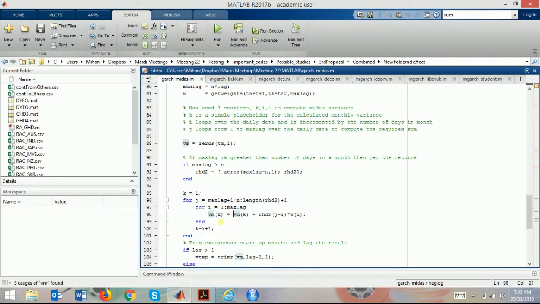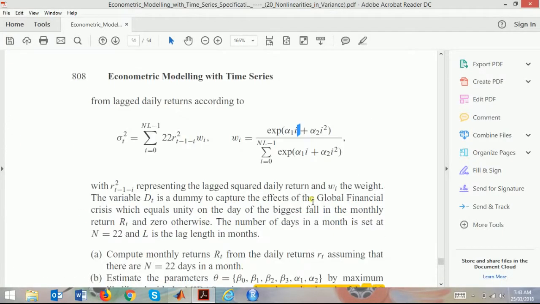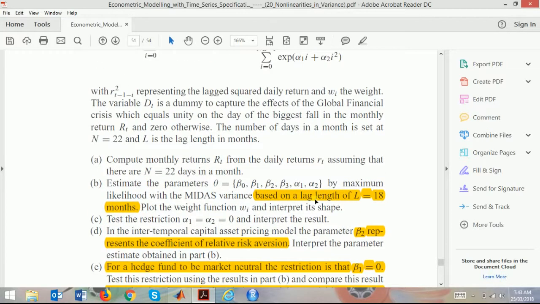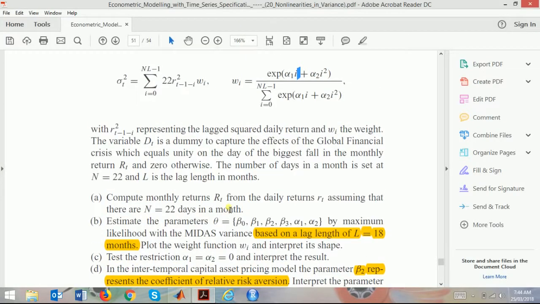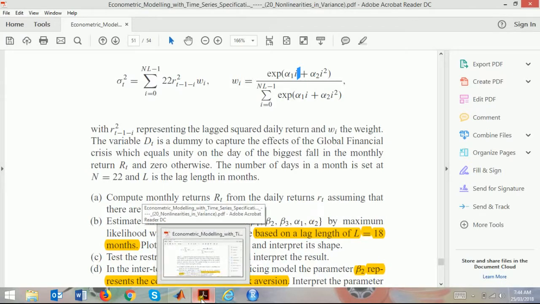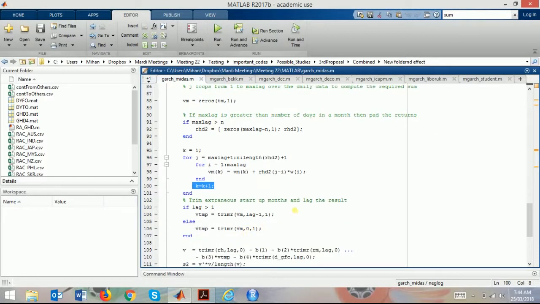For i is equal to 1 to max lag, calculate VMK plus VMK, RHD2 j minus i, weight, RHD2 squared. Adding to the monthly thing, KK plus 1, and trim extraneous startup months and lag the results.